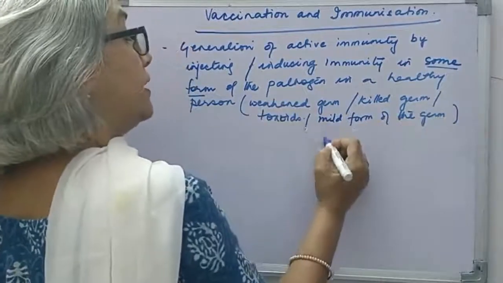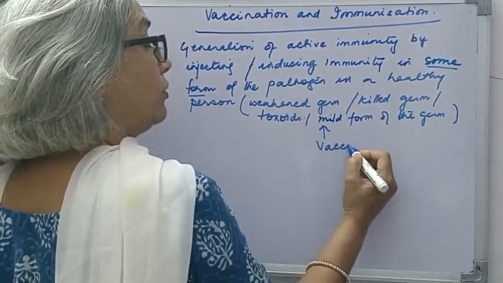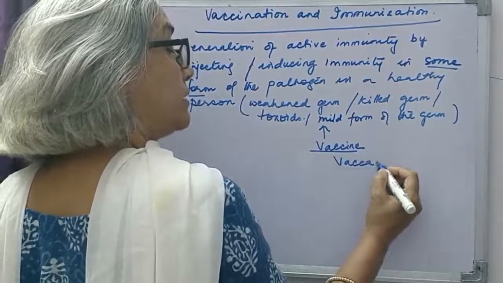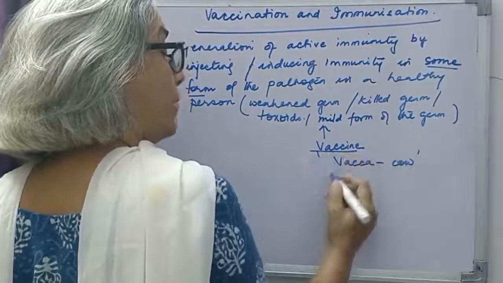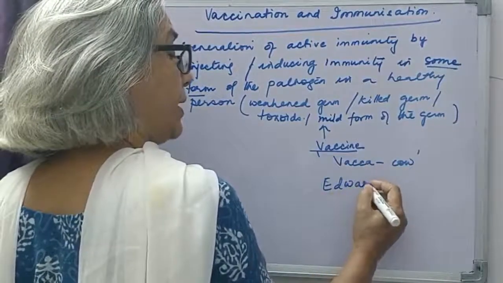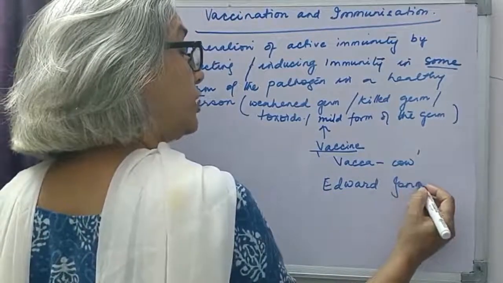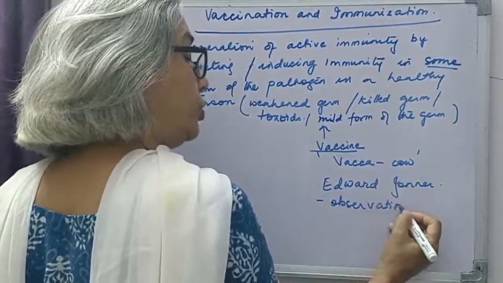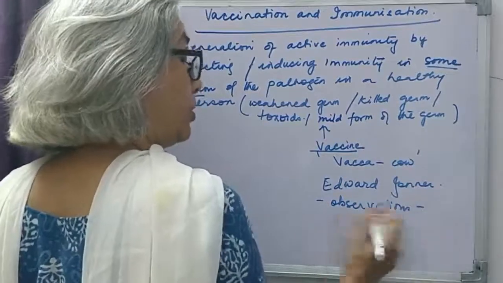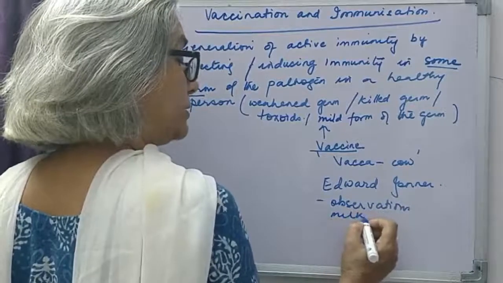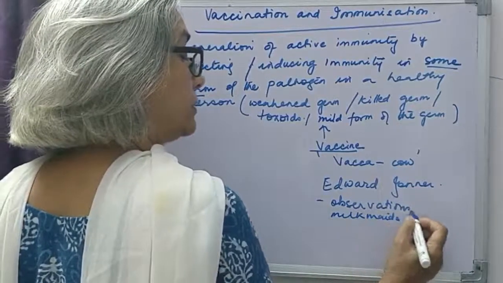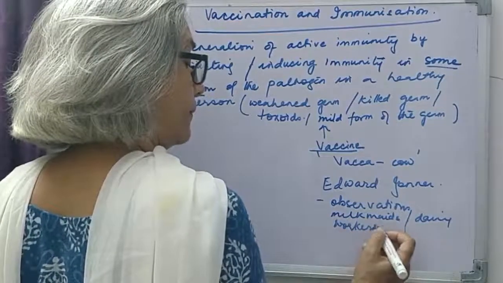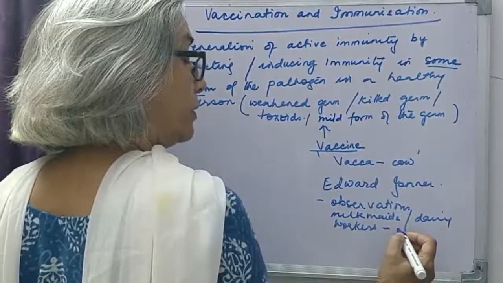This substance that is introduced is called vaccine, and vaccine comes from the word vaxa, which means cow, because this was discovered by Edward Jenner, and his observations, as I told you, were based on milkmaids, dairy workers, those that were working with cows.